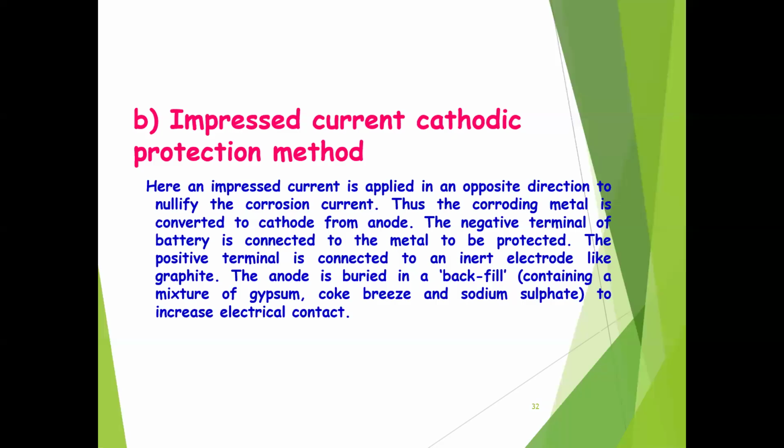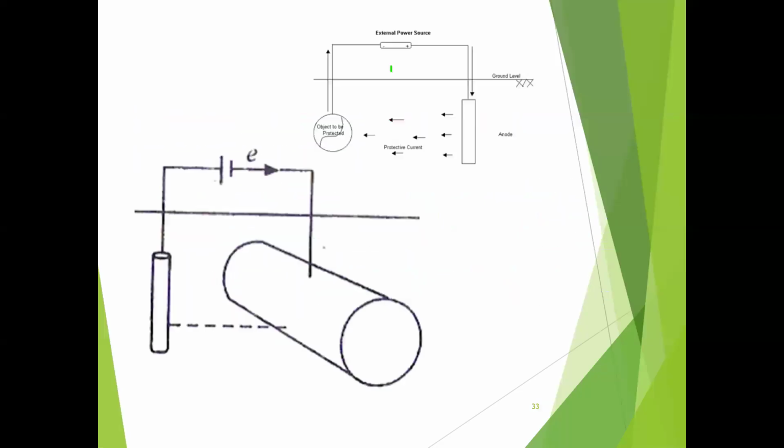In the impressed current cathodic protection technique, as you are seeing in this diagram, an external battery is connected. See this external battery, and it is connected to the pipeline to be protected. The external battery connection is made in such a way that the metallic part to be protected receives the electron flow.